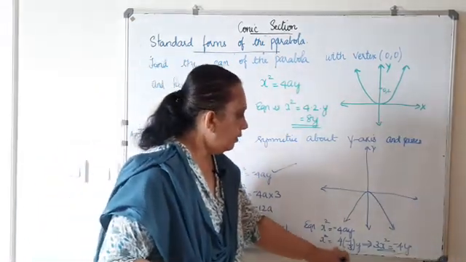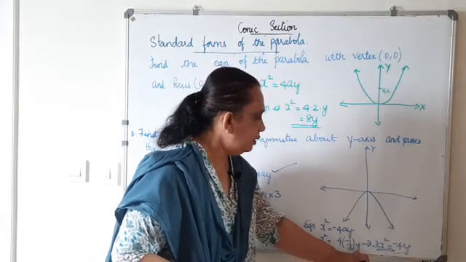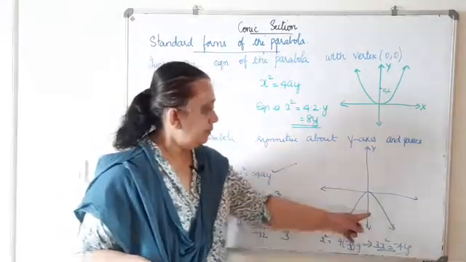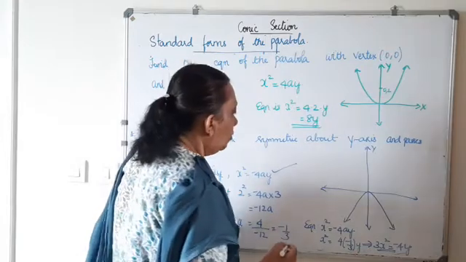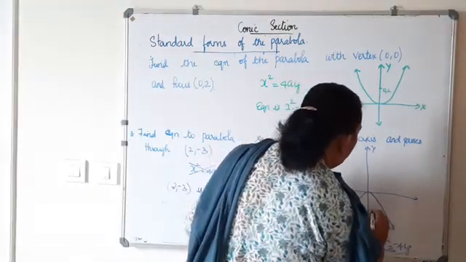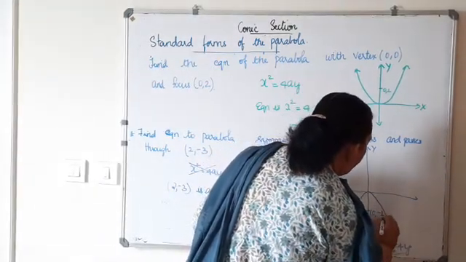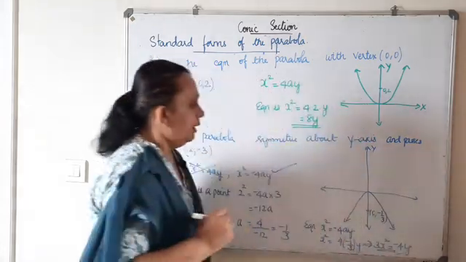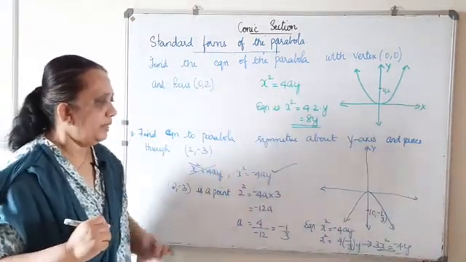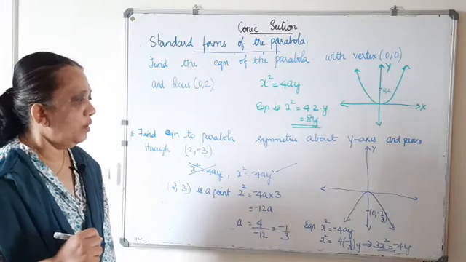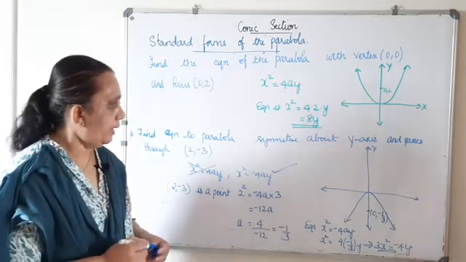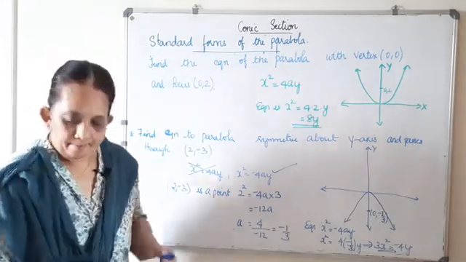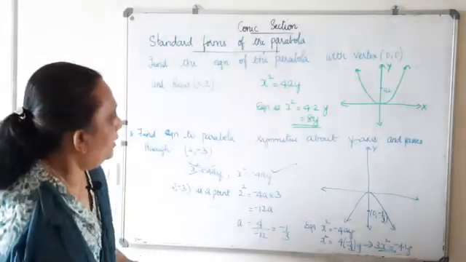You have chosen this because you have drawn the figure. A is negative. Focus here will be equal to 0 comma minus 1 by 3. It is not asked, but I am just writing it in. Clear? Yes.